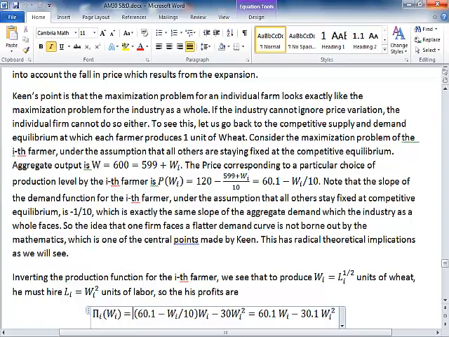But basically the issue is exactly this: at the level of one farmer, the change is really very, very small, and as the economists say, it can be ignored. But when you multiply it by 600, then this 2 parts in 1,000 multiplied by 600 translates to 1 unit of reduction at the aggregate level.